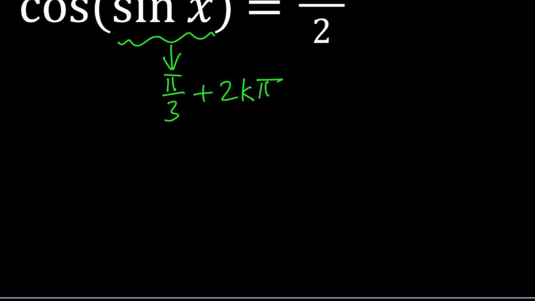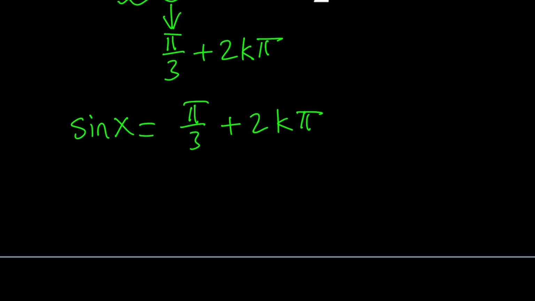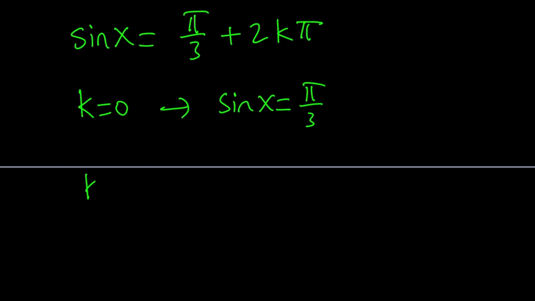So let's go ahead and take a look at this scenario. So sine x equals pi over 3 plus or minus multiples of 2 pi. Let's go ahead and write it like 2k pi and evaluate a couple of values. For example, what happens if k is equal to 0? We get sine x equals pi over 3. What happens if k is equal to 1?